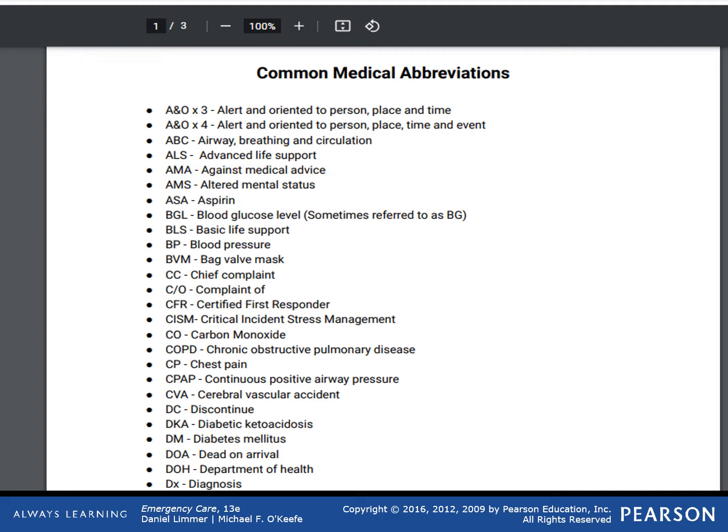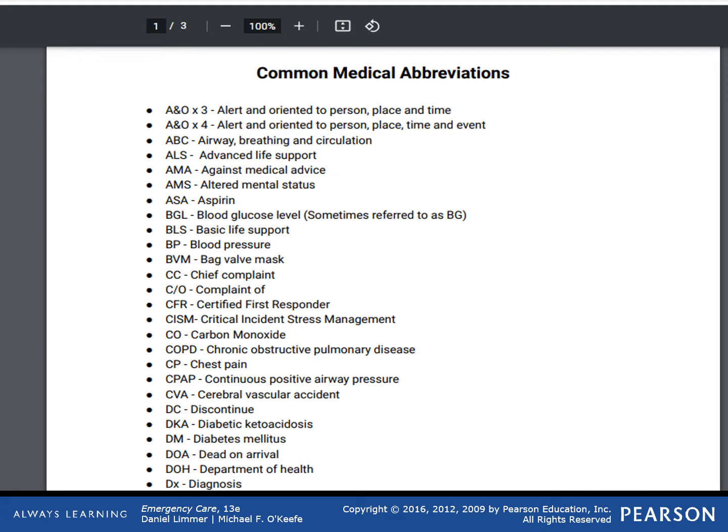Because if you do confuse something in a chart that you write and the emergency department staff is reading it, they might change their course of treatment based off of what you wrote. So we want to be as clear and as plain as possible when we're using documentation.